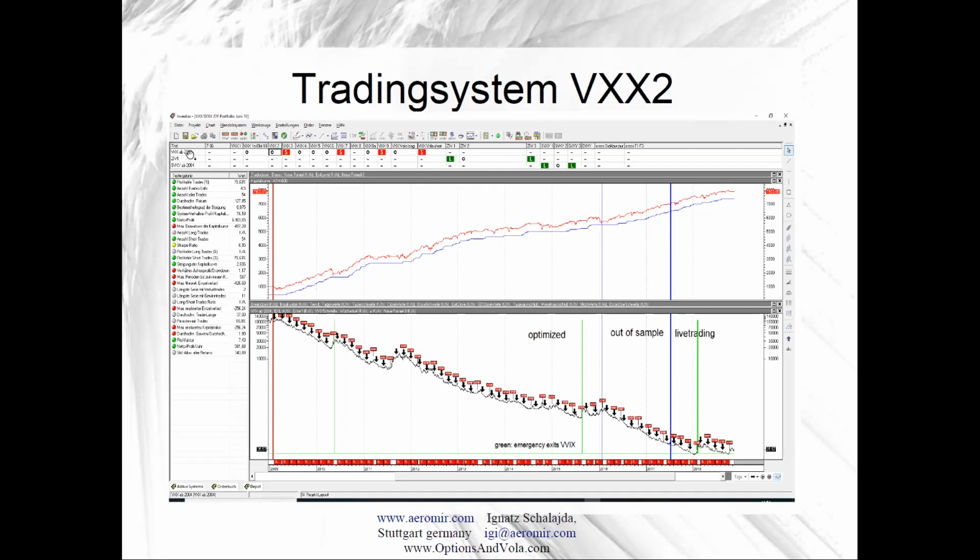Here at the bottom, you see the VXX, the TIF, and the SVXY. And if you see here a line, that means the system is deactivated. It's not valid anymore. I have here 9 systems trading the VXX, which is system number 1, 2, 3, 4, 5, 6, 7, 8, and 9.